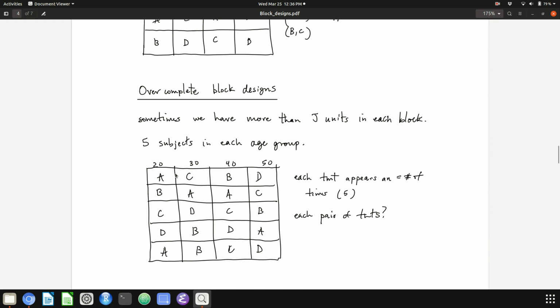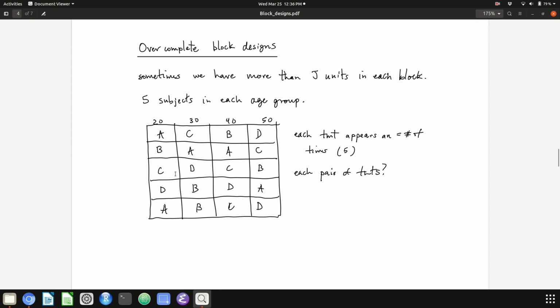Okay, just like we can have incomplete block designs, we can have something called an overcomplete block design. That means just the opposite, that within each block you have more units than you have treatments. So in the same psychology experiment, suppose you were able to get 5 subjects in each age group. You still have 4 memory strategies that you're interested in, but now within each block you can give one of the treatments twice.